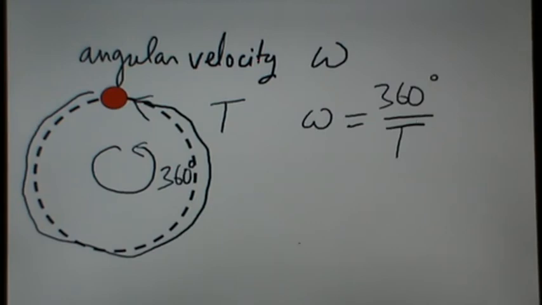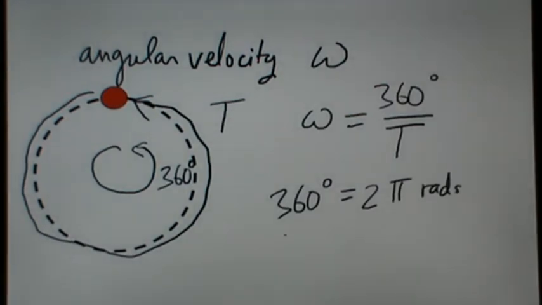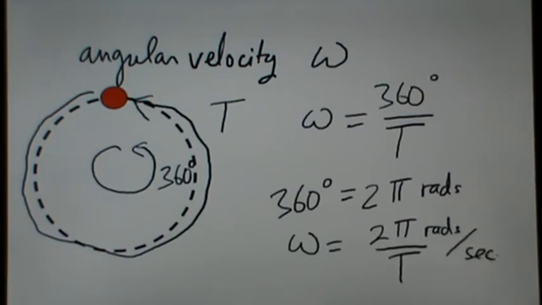However, in circular motion, we will often use radians for angle, and 360 degrees is equal to 2 pi radians. So we can also write that omega is equal to 2 pi radians divided by the period. And we have the units here, radian per second.